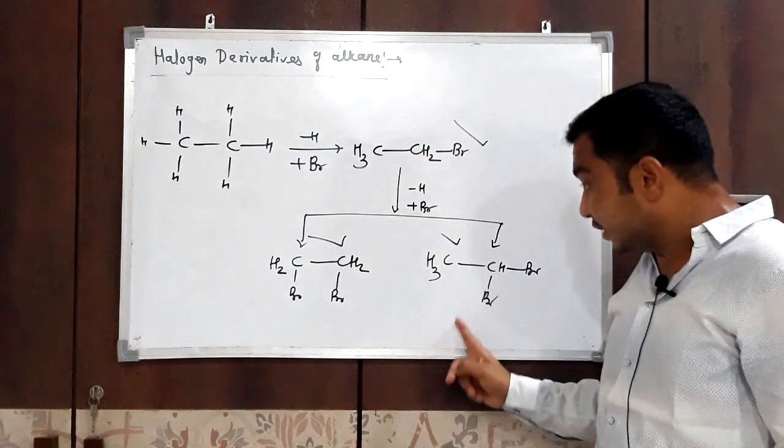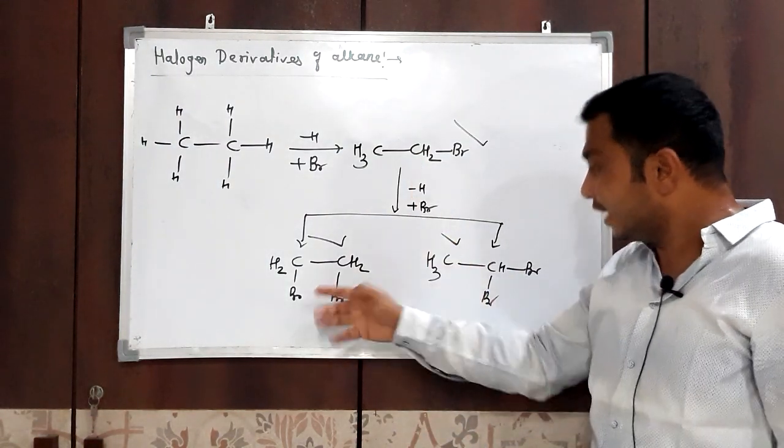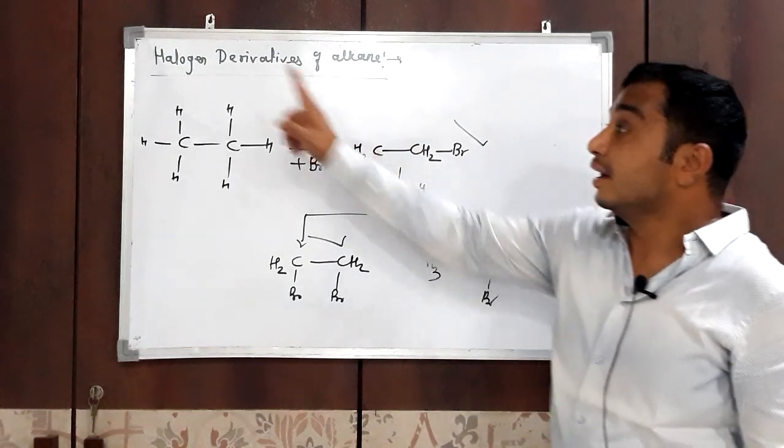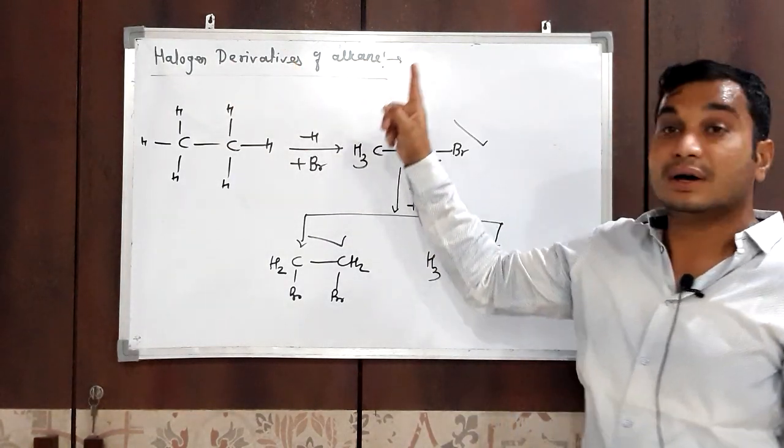So these resulting compounds 1, 2, 3 and many more are called halogen derivatives of alkane.